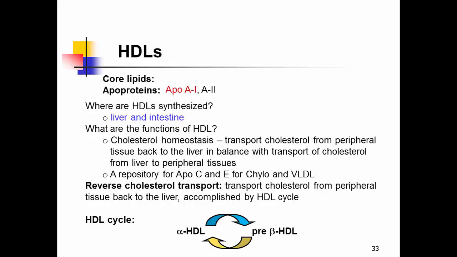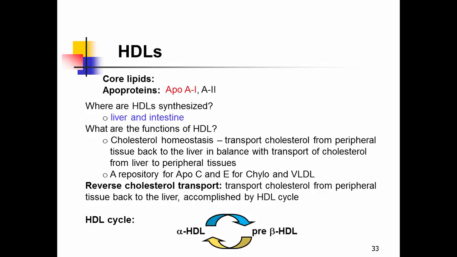These two types of lipoprotein have different roles in the regulation of cholesterol homeostasis. As I mentioned before, LDL basically deposits cholesterol into the peripheral tissues, in particular the macrophages in the artery wall, which causes atherosclerosis.